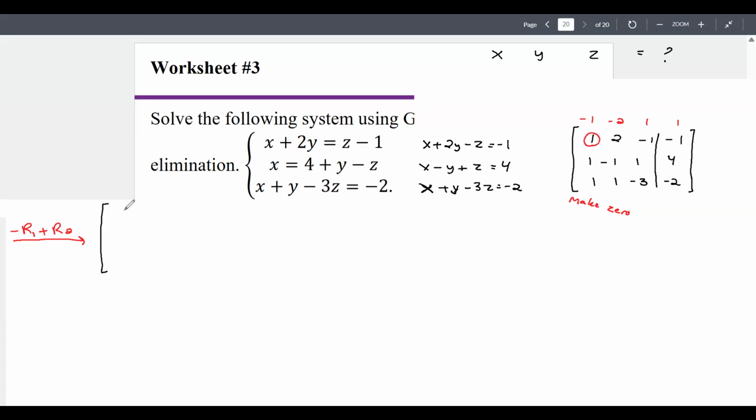Like I said, we want the original, non-augmented version first, so we'll put that there. -1 plus 1 would be 0. -2 plus -1 is -3. And a lot of -3s here. And 1 plus 1 is 2. And 1 plus 4 is 5. And then we didn't do anything with the bottom equation, so that one stays the same.